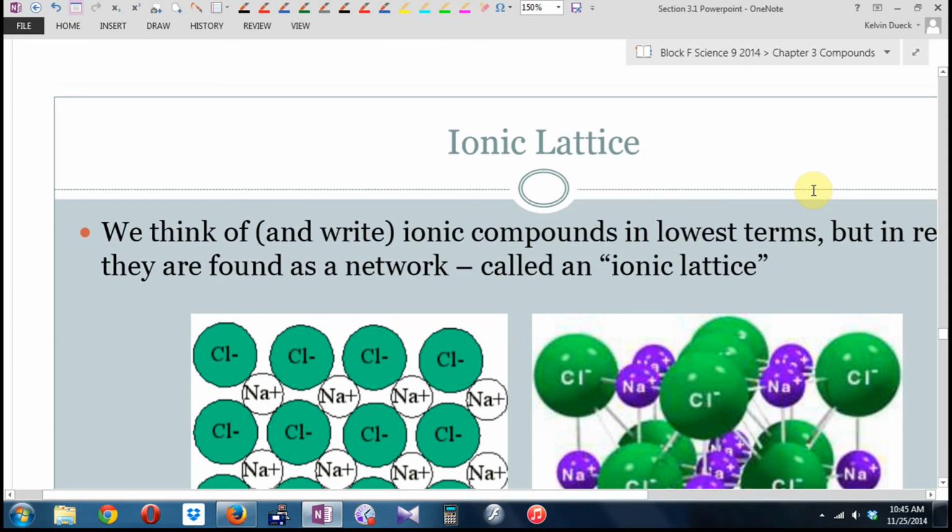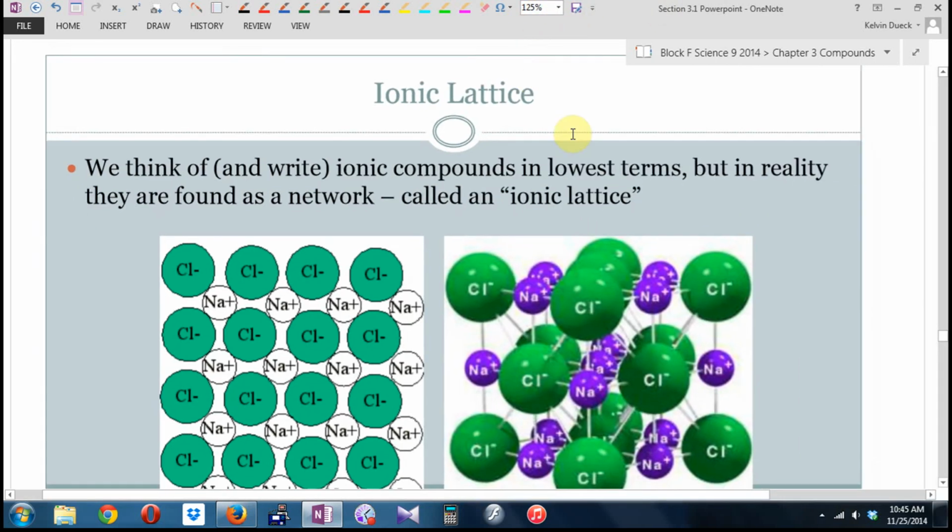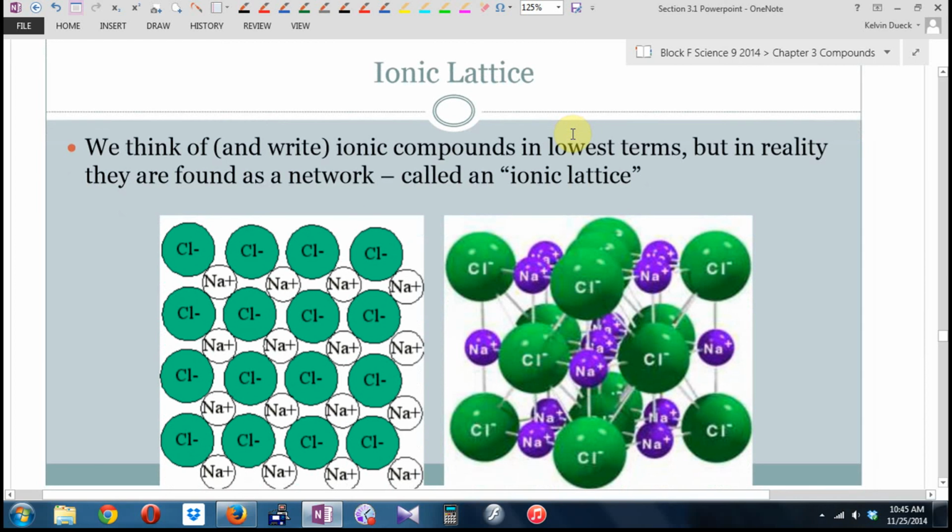An ionic lattice. We think of and write ionic compounds in lowest terms, but in reality they're found as a network, and here's our word of the day, called an ionic lattice. So remember we did sodium chloride?